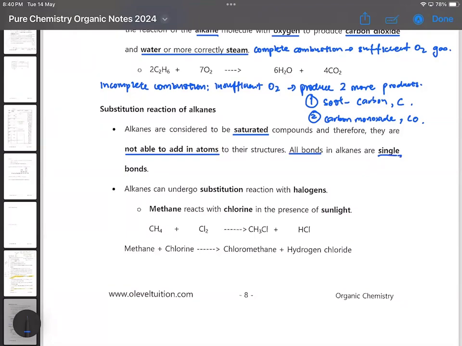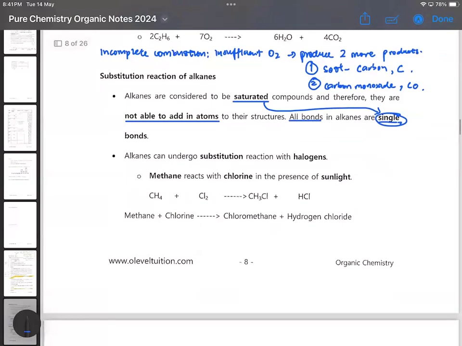Why is this important? When you move into the next group, it will be more pronounced. But as of now, do know that alkanes are considered saturated because they have only single bonds.